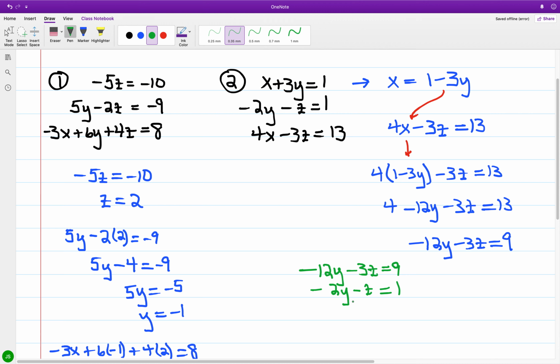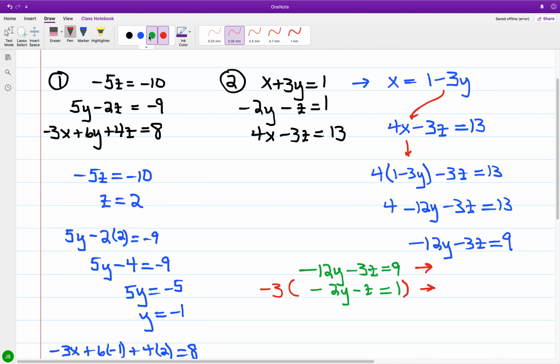I can either cancel out the y or the z, and I'll go ahead and cancel out the z terms. Negative 3z needs to become a positive 3z, so I can multiply this second equation by negative 3.